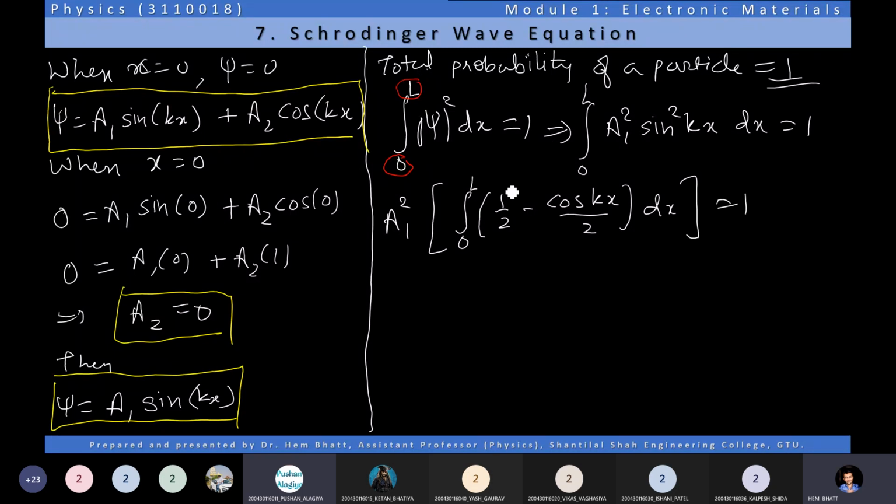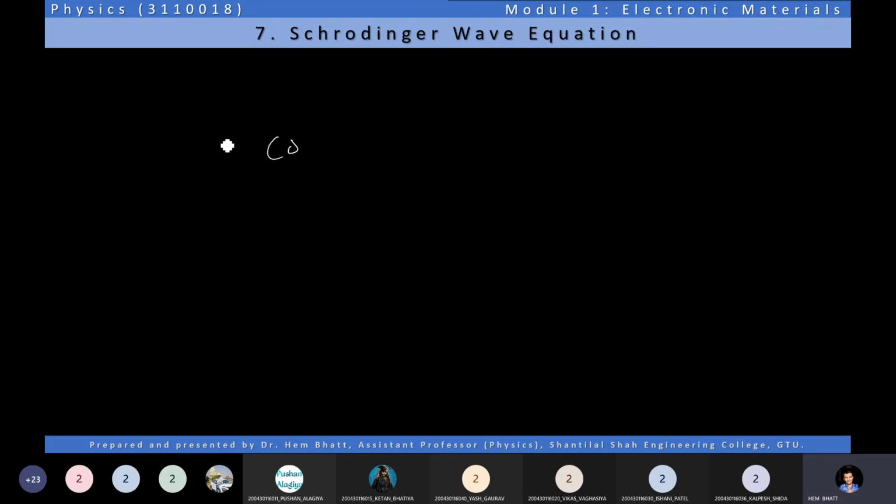Very good. I have made use of cos 2 theta is equal to 1 minus 2 sine square theta, and hence sine square theta is 1 by 2 minus cos 2 theta by 2.